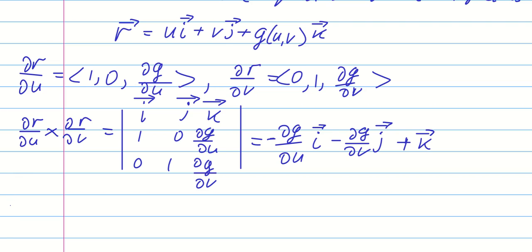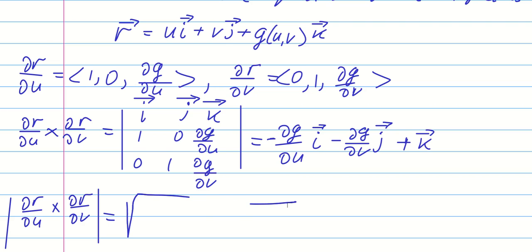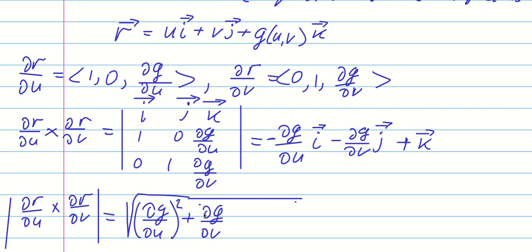Also, we need to calculate the magnitude of this vector, dr du cross dr dv, which is the square root of this term squared, so dg du quantity squared, plus this quantity squared, dg dv quantity squared, and then 1 squared.